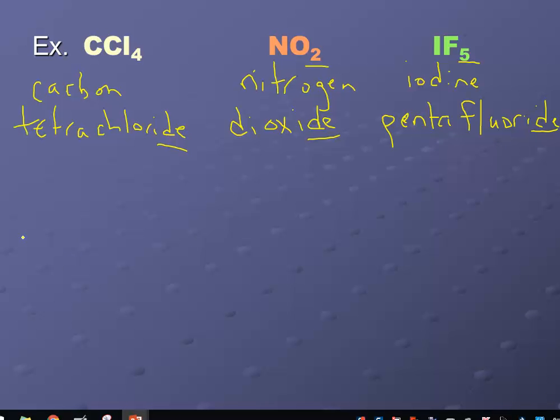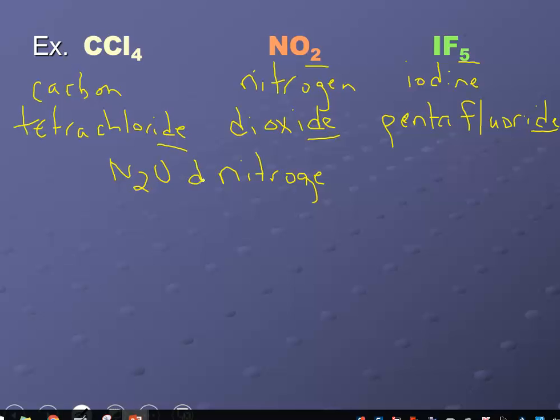Okay, so let's do another one. Let's say we had N2O. Now this time, the first element, we have more than one, right? So we know this is nitrogen, so you write nitrogen. But we have more than one, so we have to tell how many we have, and the 2 stands for di.